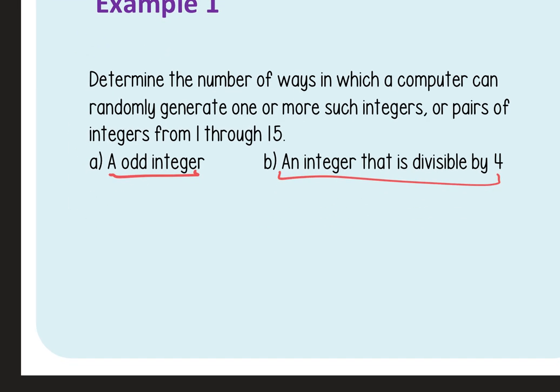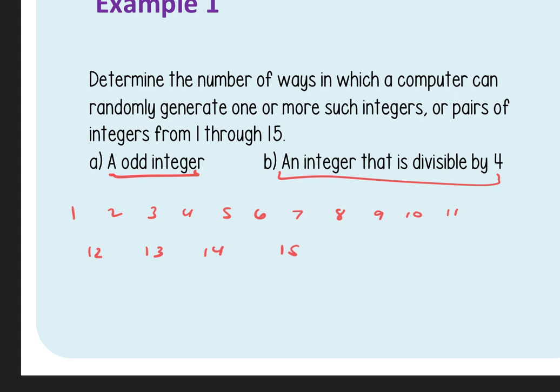If I do from 1 to 15: 1, 2, 3, 4, 5, 6, 7, 8, 9, 10, 11, 12, 13, 14, 15. And A is just saying the number of ways in which a computer can randomly generate one or more such integers such that it is an odd integer.